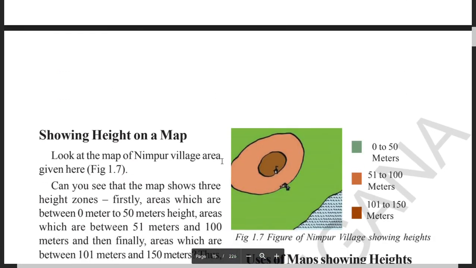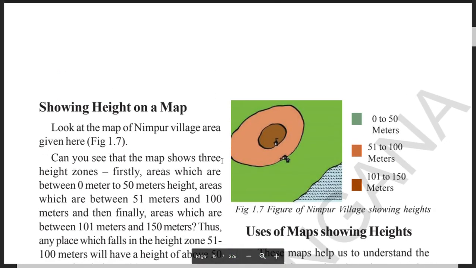Showing heights on a map. Look at the map of Nimpur village area given here. Can you see that the map shows three height zones? Firstly, areas which are between 0 meters to 50 meters height, areas which are between 51 meters and 100 meters, and then finally areas which are between 101 meters and 150 meters.